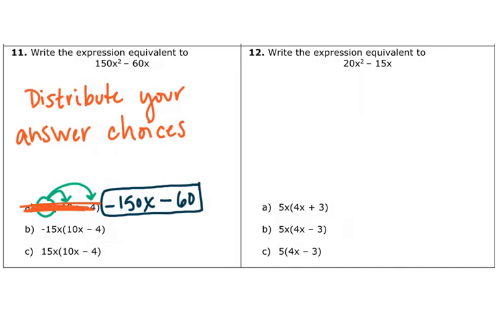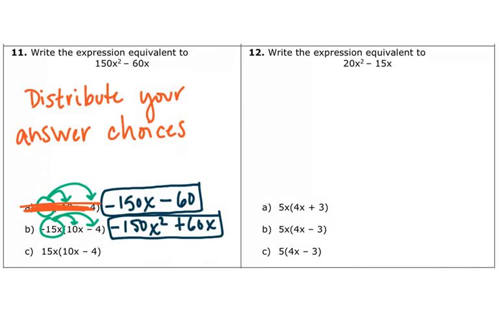Let's try B. Take the number in front, multiply times both terms. Negative 15 times 10 again is negative 150. But this time it's x squared because he has an x and he has an x, so together that's two of them. Negative 15 times negative 4 is positive 60 with an x.